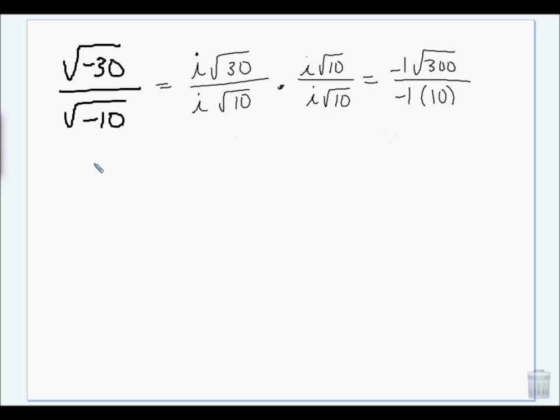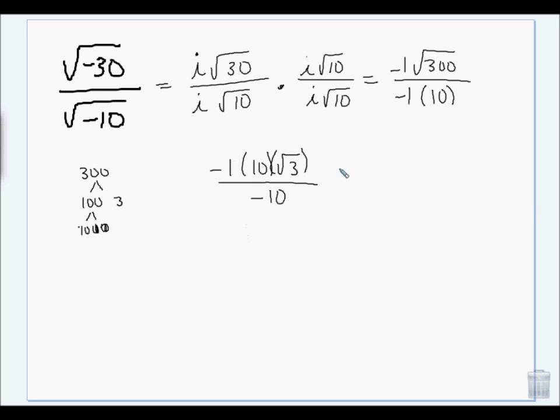Now 300 has a 100 in it, right? It's 100 times 3, and 100 is a perfect square, 10 times 10. So this is negative 1 times 10 times root 3 over, now I have negative 10, right?